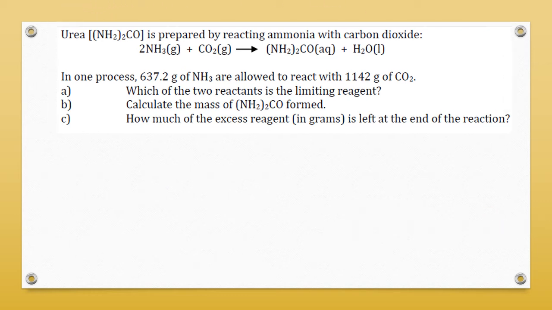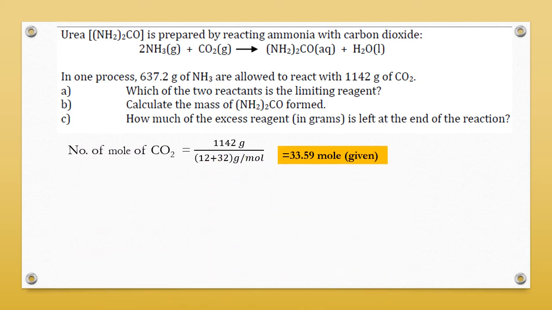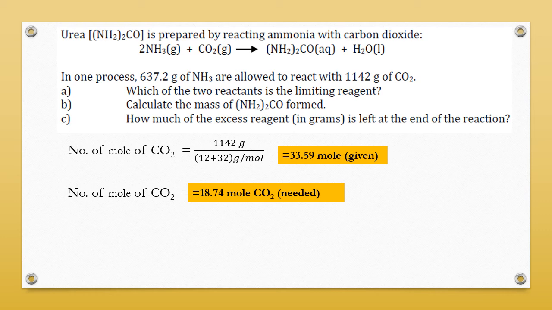For part C, we are going to see how much excess reactant, which is carbon dioxide, is left. So how much carbon dioxide is left at the end of the reaction? The number of mole given is 33.59 mole, and then we only need 18.74 mole of carbon dioxide.